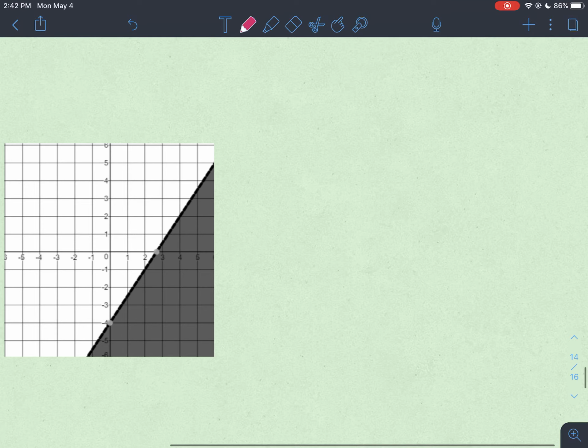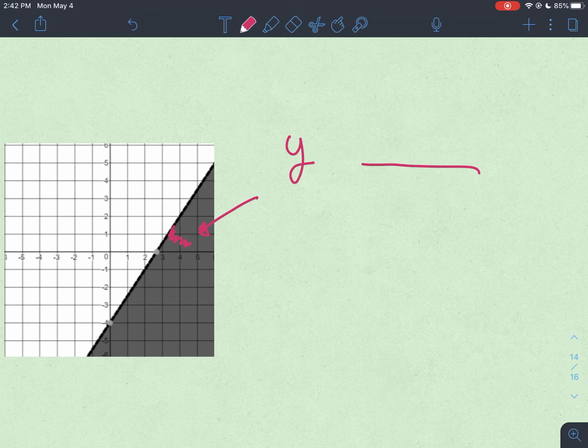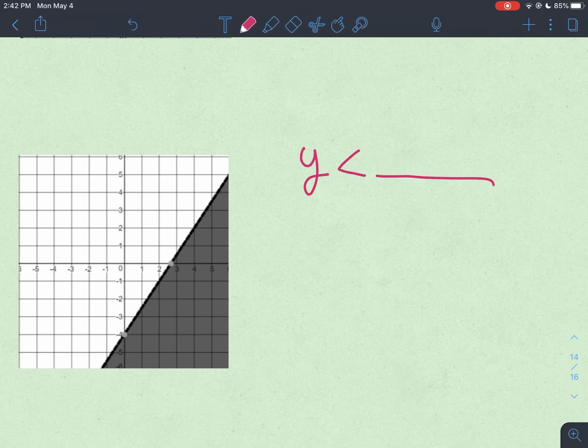We know that we're going to write it in slope-intercept form, so we know that y is going to compare somehow to that line. And if you look at this right here, it is shaded on the bottom side of that line. So you can say that y is going to be less than that line. And I say less than because that is a dashed line, so it's strictly less than.